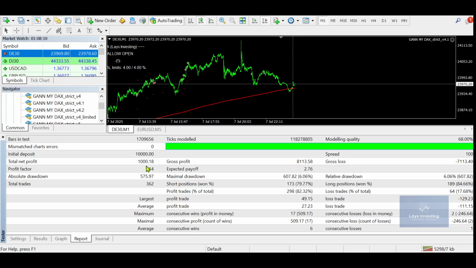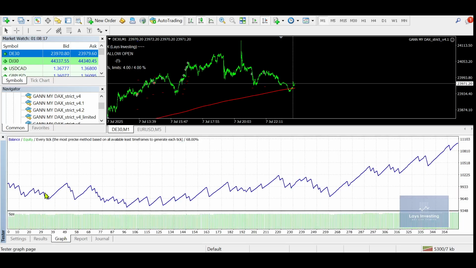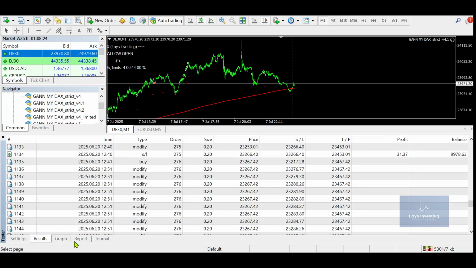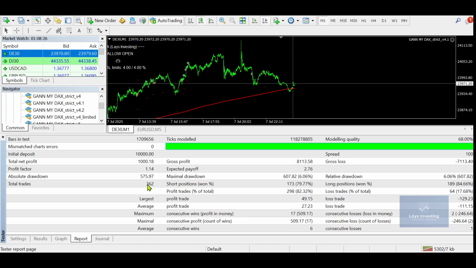It's not good, but at least we have reached the 10% profit, but there's a lot of zigzag, a lot of losses. How many trades? 362 trades. Okay, at least the drawdown is below the 10%, 6.06.